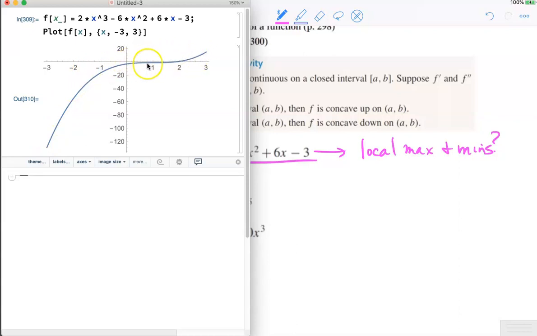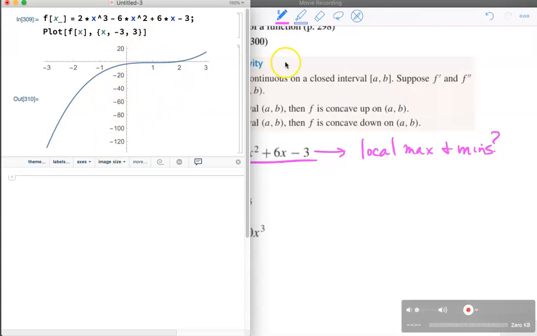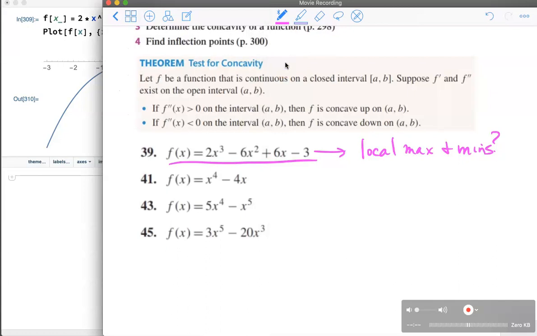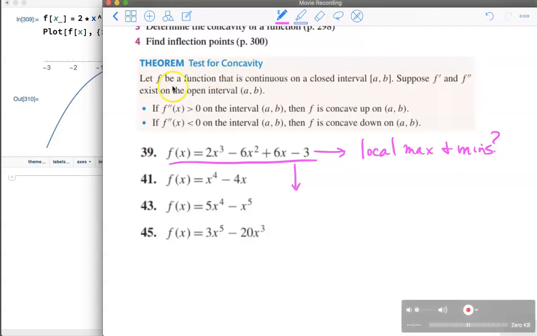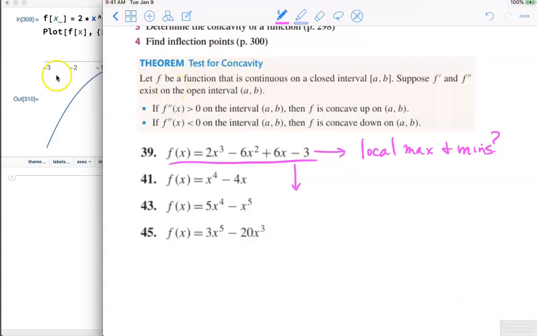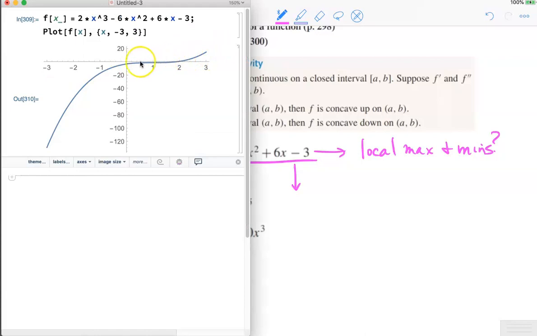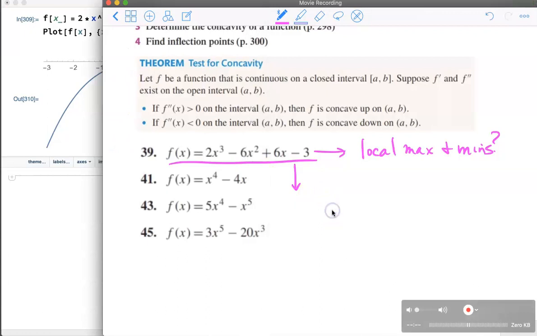Just by the nature of the axes, it's kind of hard to tell what's going on. But let's see what the calculus has to say about it. We'll try to use our calculus to refine this plot a little bit. Again, this plot is kind of hard to interpret. It's hard for me to see where the maxima and minima are occurring, because this big tail of the function is kind of swamping out everything.